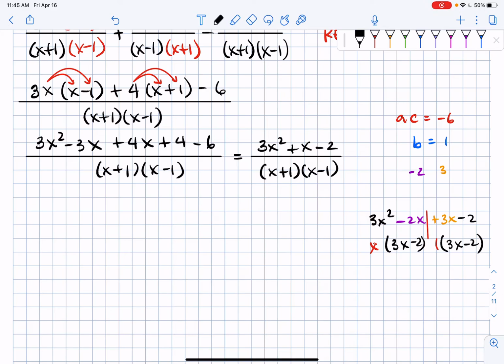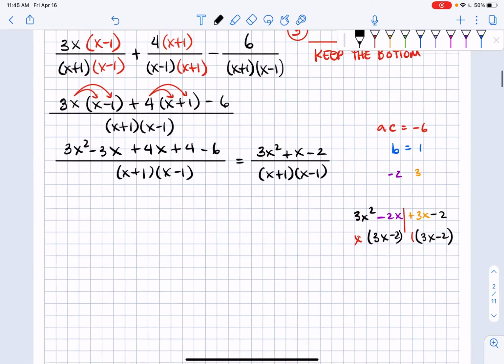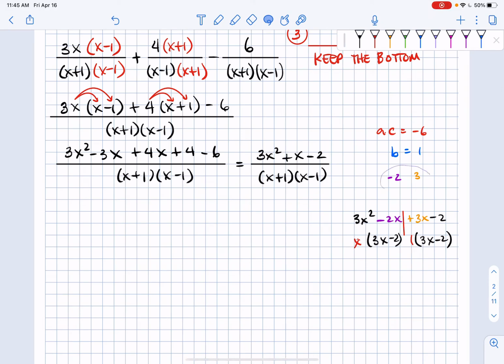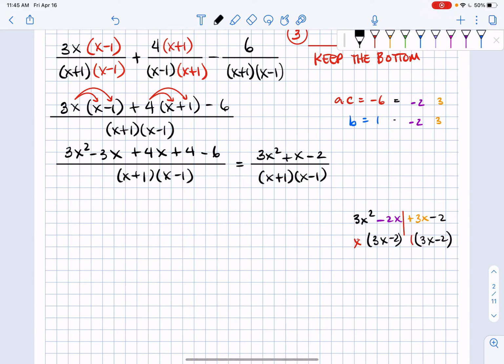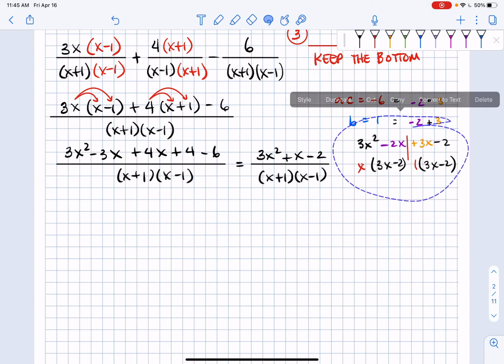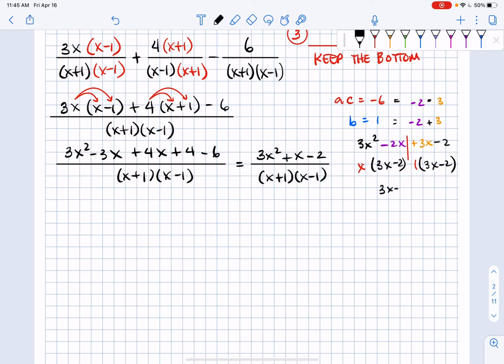So let's go ahead and throw that back up there. And let me see here. So this is going to end up with 3x minus 2 times an x plus 1. All right?